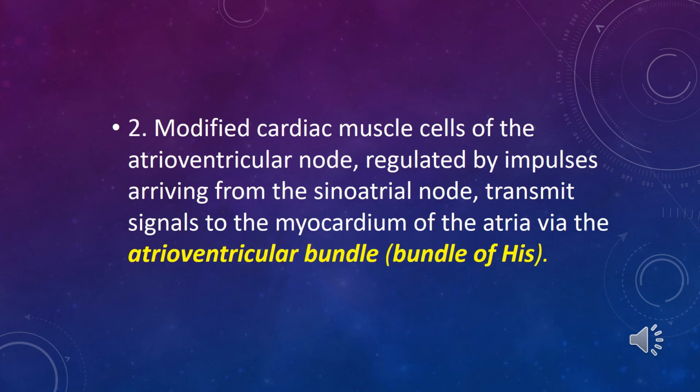The second type is a modified cardiac muscle cell in the conducting system. These cells mostly form the atrioventricular node, but pacemaker cells are also present in the atrioventricular node. The second type also forms the atrioventricular bundle, or bundle of His.